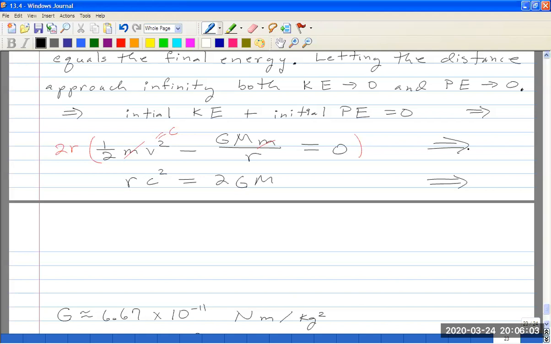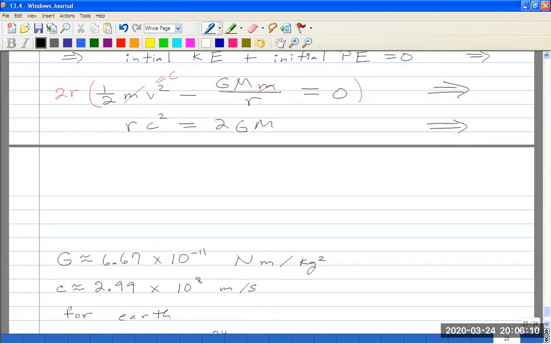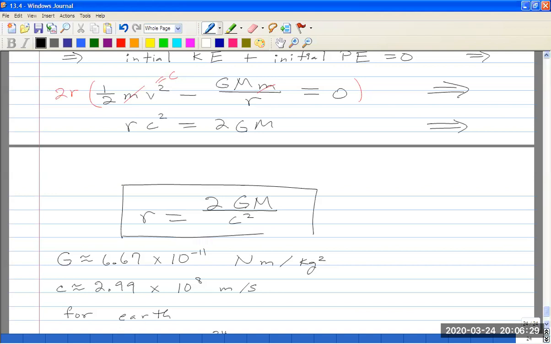Okay, so let's solve this for r. And so I get that r is equal to 2GM over c squared. And that is the radius necessary for you to have a black hole.